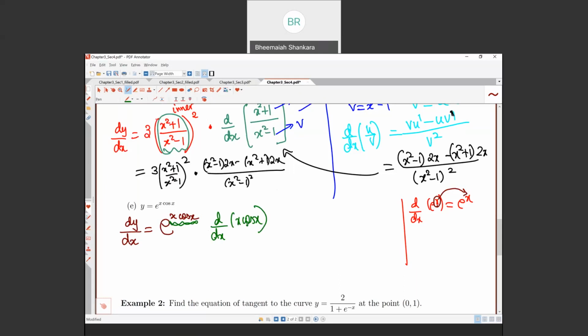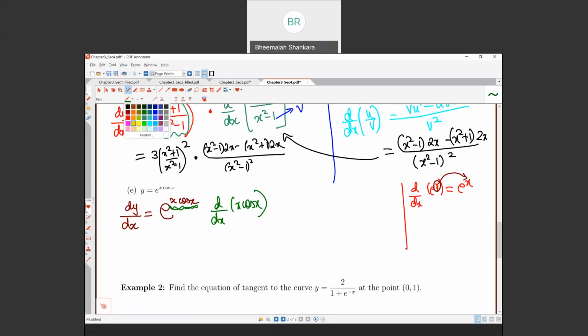When you want to do this expression, you see that you have the product form. When you have a product of two functions, do not forget the product rule. So let's do a typical product rule for this. You have the first function x, derive the second function, which is negative sine x, plus, fix the second function cosine x, derive the first function x, which is 1. And this is your final answer.